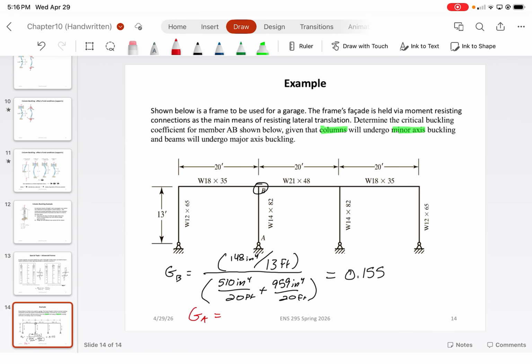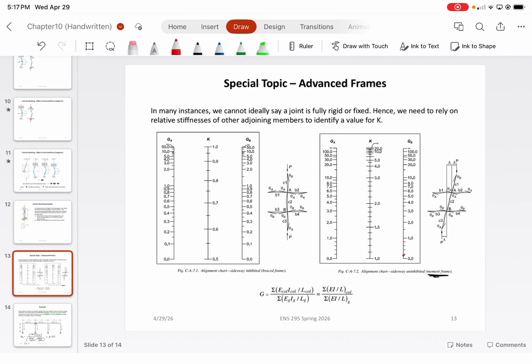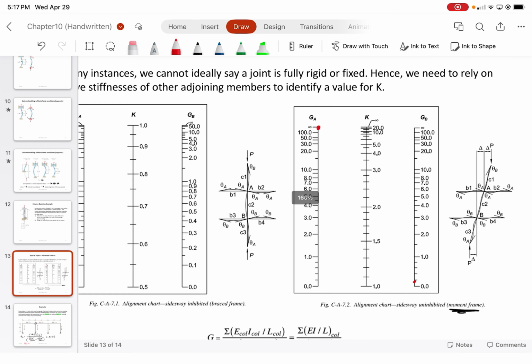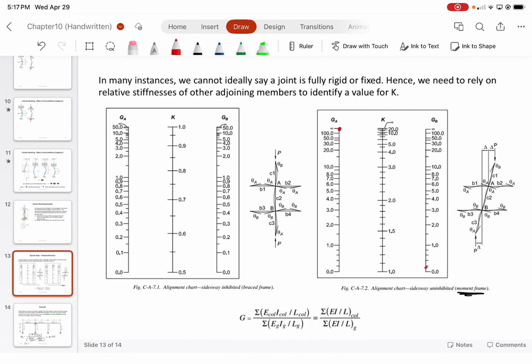what do I want to say? It would be ideal. So we would really, I think, want to set GA equal to, I believe it's supposed to be infinity. I believe we're supposed to set that to infinity.